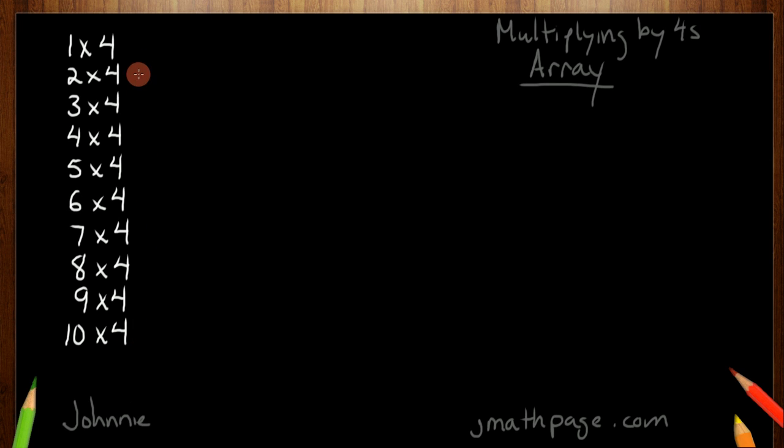And maybe you're working to memorize all of your multiplication tables and want to know your 4's. Well, today we're going to be using an array to think about our 4's, and maybe they'll help you to understand your 4's better and help with that memorization too.